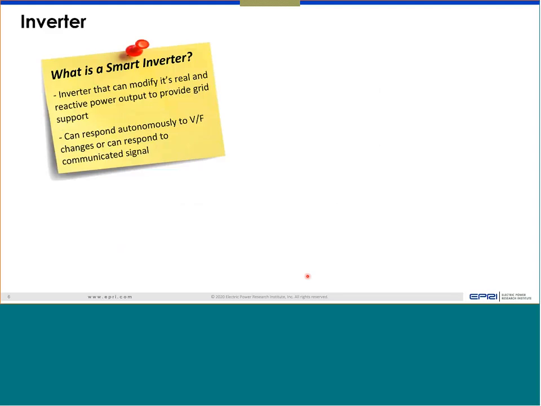So the question is, what makes the inverter smart? This is the definition that I have been using for a couple of years. It is not necessarily a standard across the industry, but this is the way I explain it, and so far I haven't heard a lot of opposition to it.